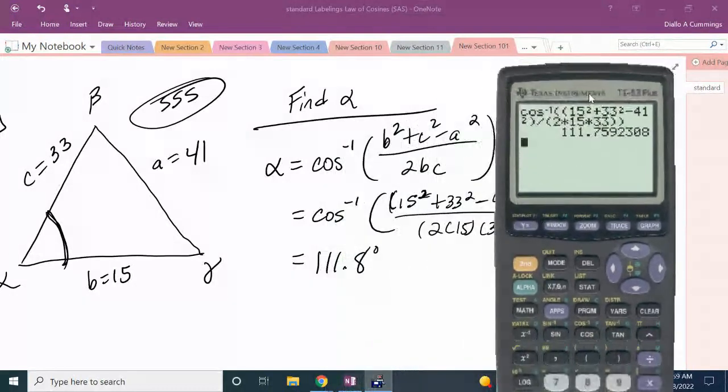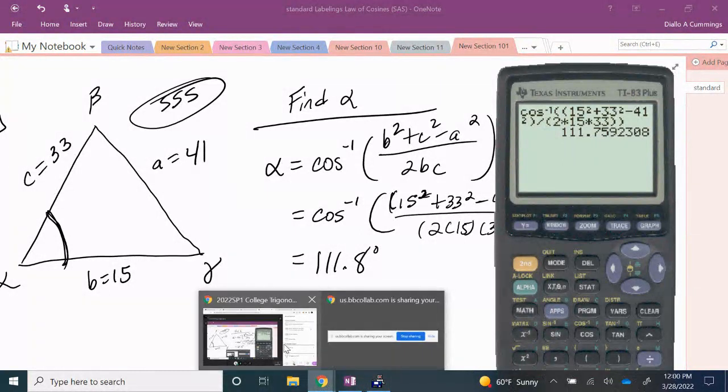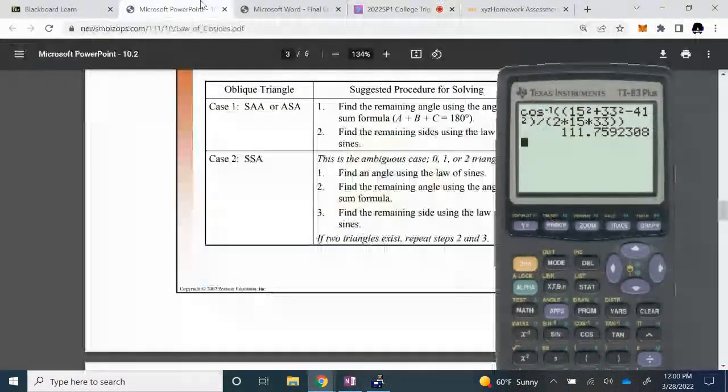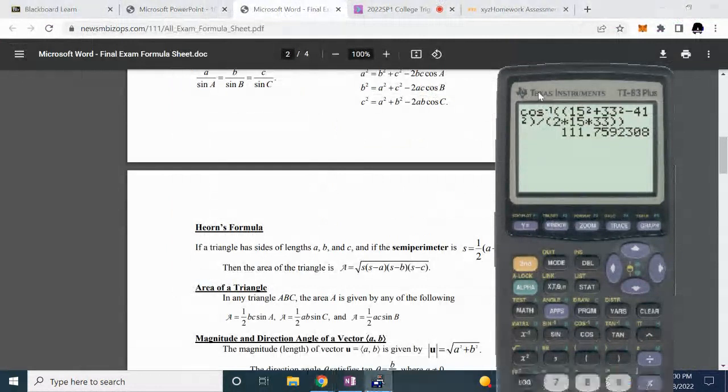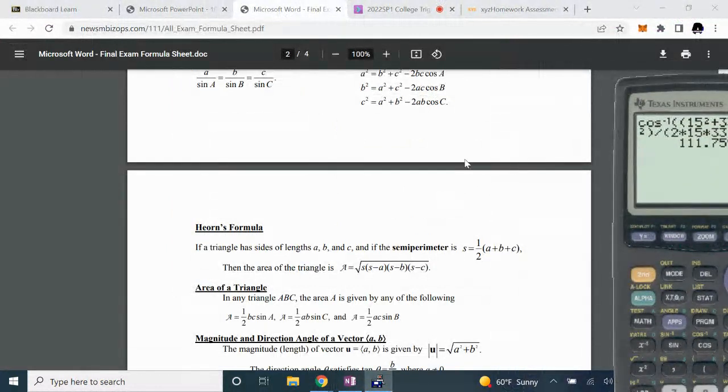So now, before we get into the side angle case, I want to talk about Heron's formula. Heron's formula is used if you're given 3 side lengths and you're asked to find the area.